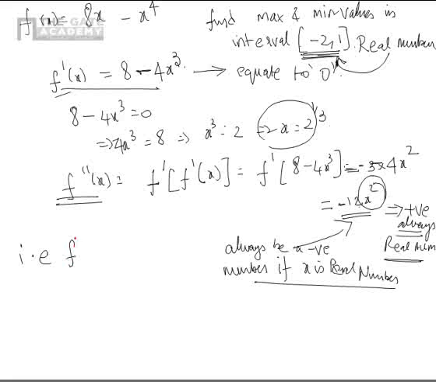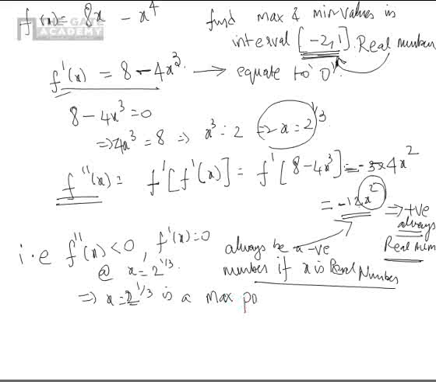F double dash of x is less than 0 and f dash of x equal to 0 at x is equal to 2 power 1 by 3, implies x equal to 2 power 1 by 3 is a max point. Correct? Because f double dash is negative and f dash is 0.